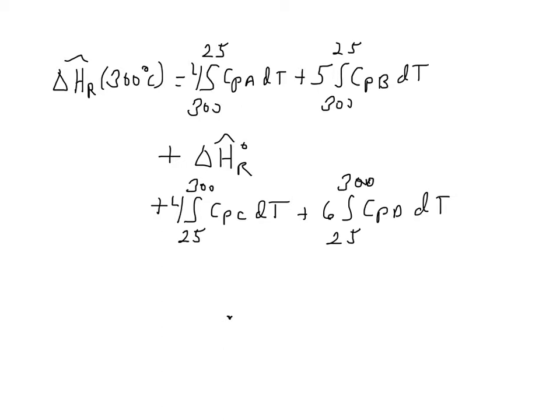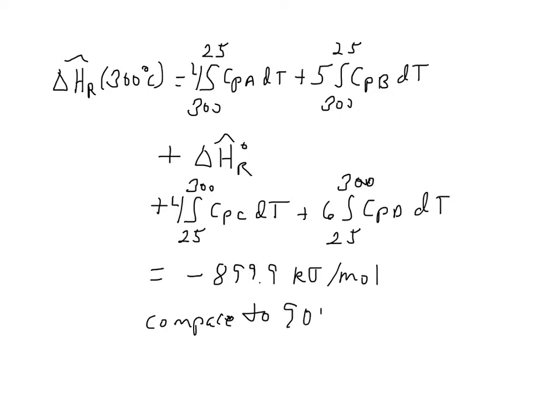And if you look at the enthalpy table, or this sheet, which has the tab corrected DHR, you'll see that the heat of reaction at 300 degrees C I calculate to be minus 899.9 kilojoules per mole, compared to the given value, which is minus 904.7 kilojoules per mole.